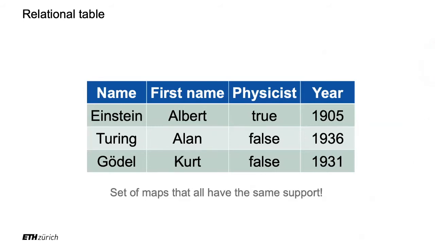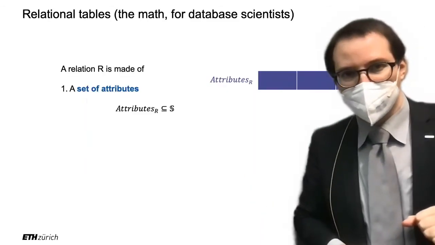In other words, a relational table is a set of maps that have the same support. That's a constraint, that they must have the same support. It's called relational integrity. If the set of maps is such that all maps have the same support, then you can nicely draw a table like this, and this is our relational table.